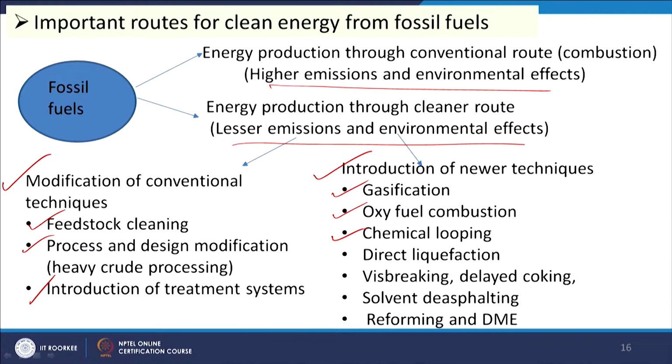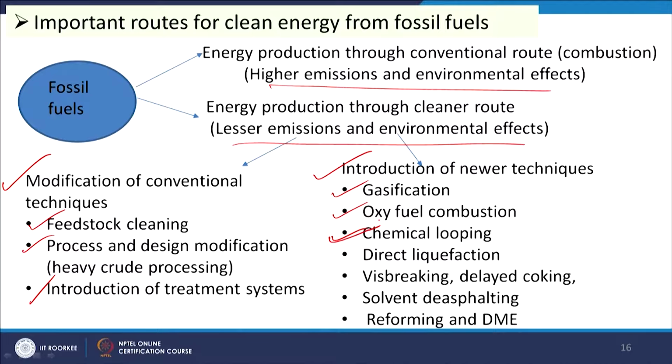Then chemical looping system. Chemical looping is another concept that people are working on, and new techniques are coming up. In this case, some metal oxides are used which give oxygen in the reactor for the combustion purpose. After the reactions, the oxide is reduced in another reactor, then oxidized again in another reactor, and then used again in the combustion chamber.